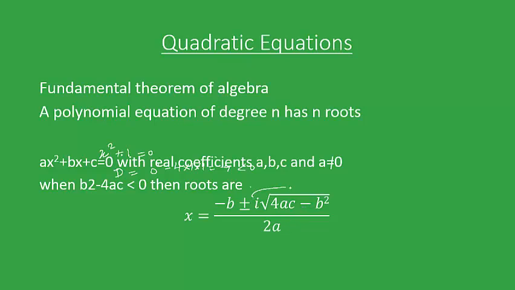This particular term is what has changed from the general formula you might have learned in earlier classes, that is, minus b plus minus under root b square minus 4ac upon 2a. I'm not working out any examples of solving quadratic equations. It's quite simple, and you just have to plug in the values of a, b and c to solve the equations. Thank you.